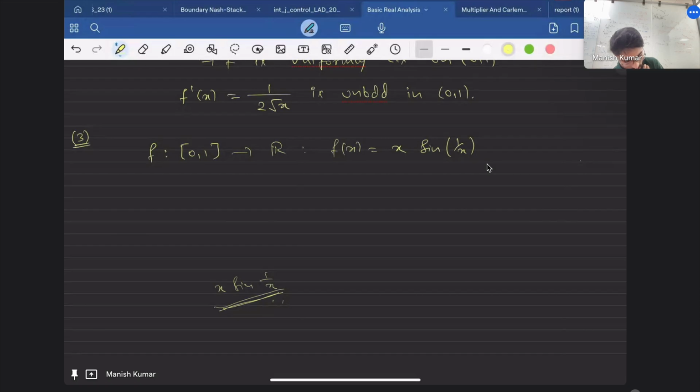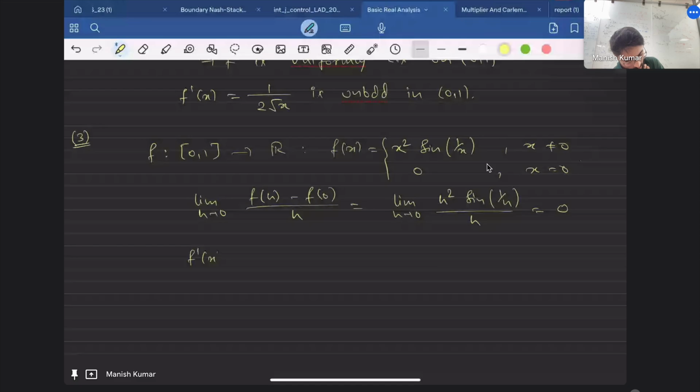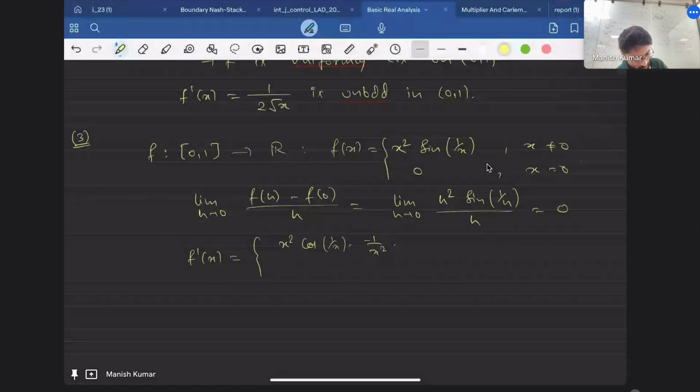So f prime of x would be x square cos 1 by x times minus 1 by x square, plus 2x sine 1 by x if x is non-zero, and it is 0 if x is 0.